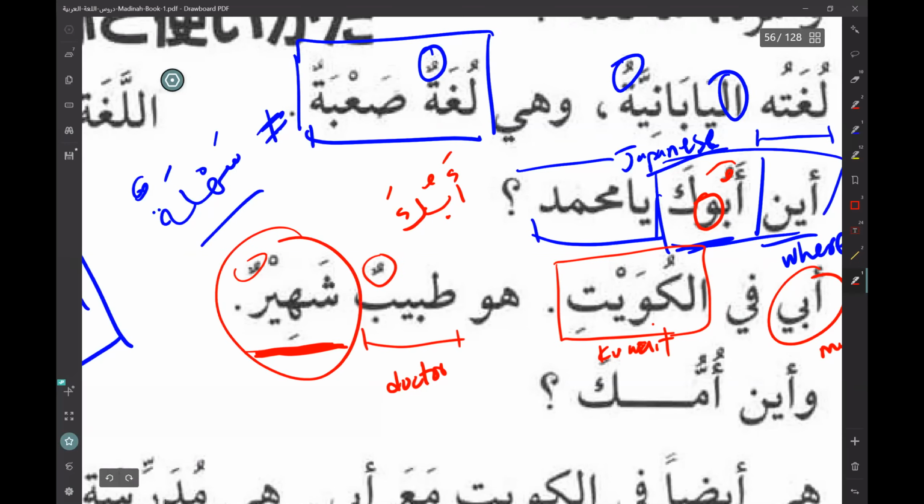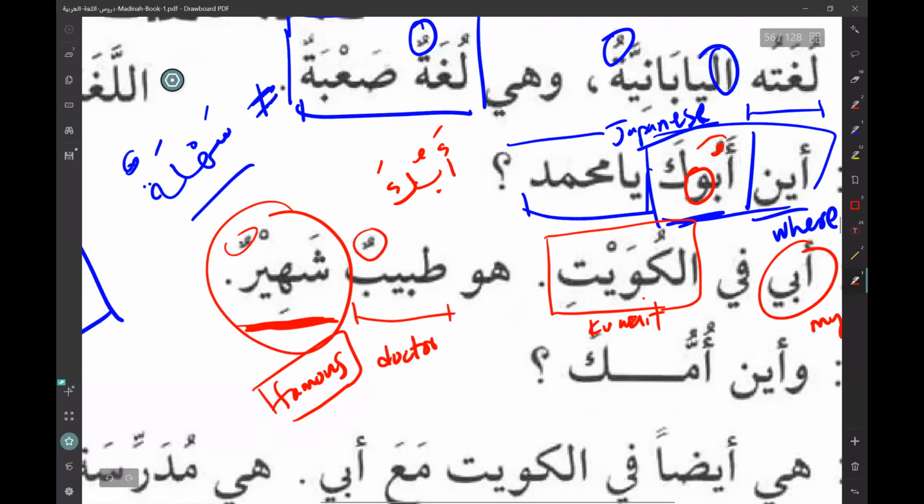So that means this is an adjective. What is the meaning of shahir? Shahir is famous. Okay, so he is a famous doctor. Where is the famous doctor? He is a famous doctor in Kuwait.